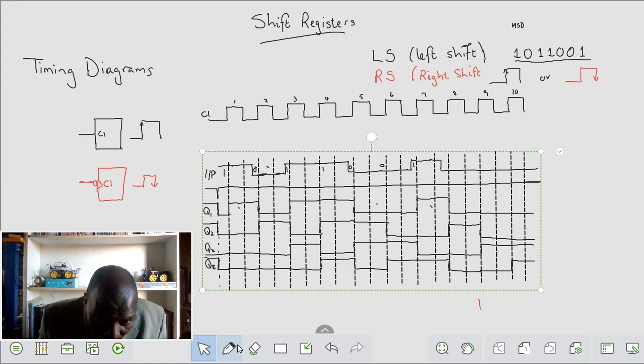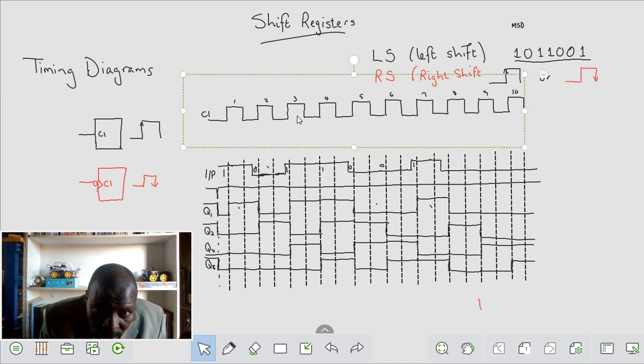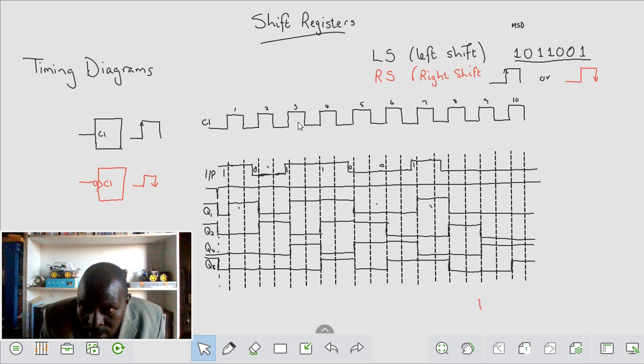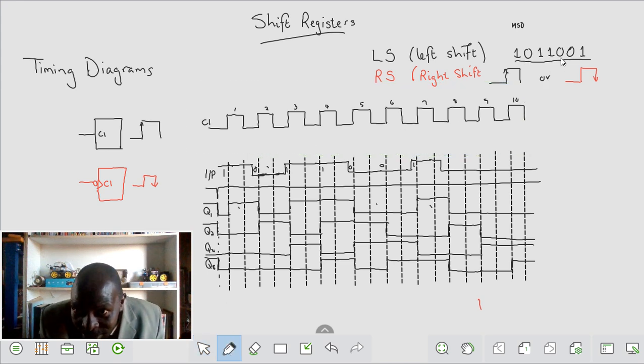My input, if it's right shift, is the one that goes in first, going into the MSD.